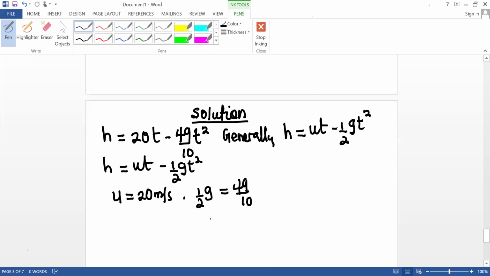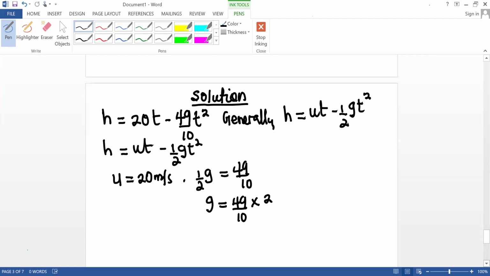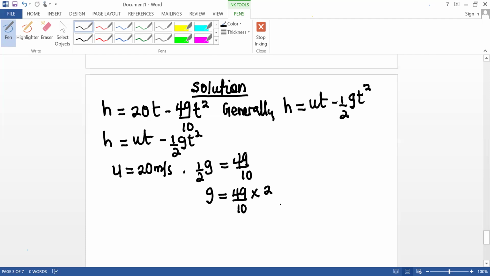From this, we can conclude that g is equal to 49 over 10 times 2, and 49 times 2 over 10 must be around 9.8 meters per second squared. Class, confirm that for me. Yes. 98 divided by 10, yes, so that's it.